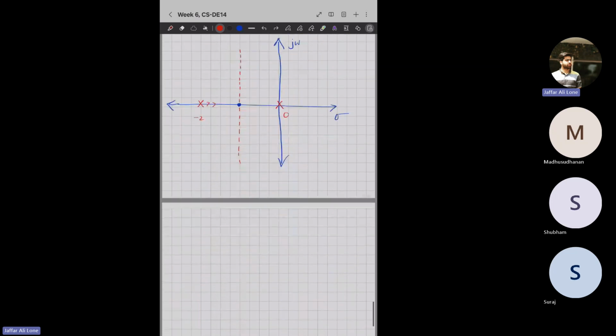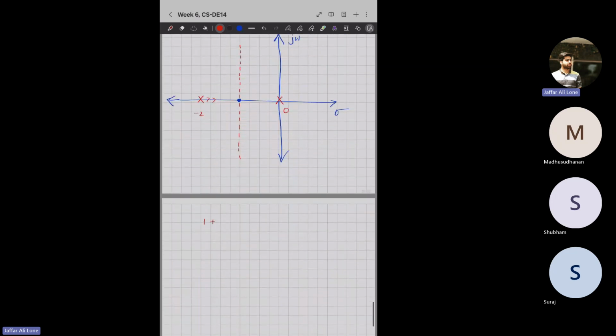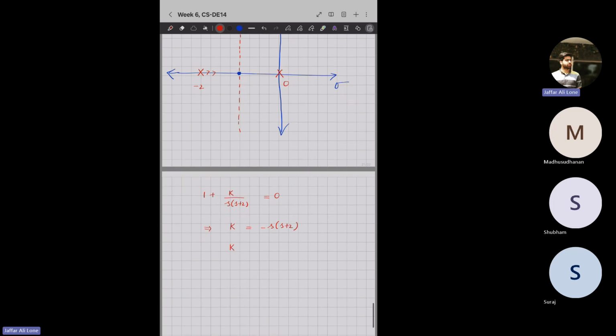So my characteristic equation will be 1 plus k divided by s into s plus 2, which is equal to 0. From here, I will find my k is equal to minus s into s plus 2. You find k equal to minus s square minus 2s. dk by ds is equal to minus 2s minus 2.